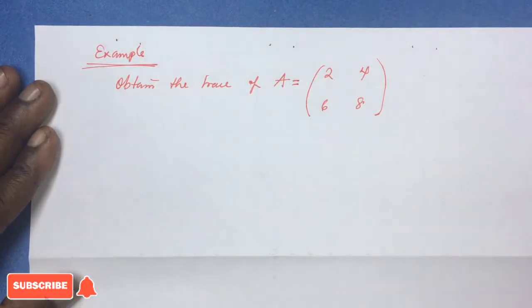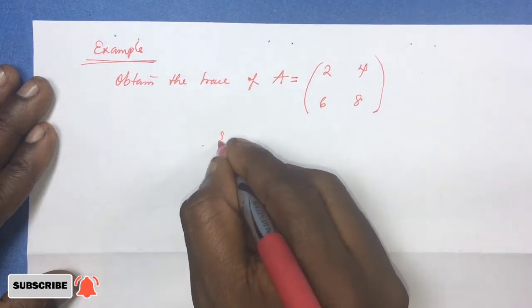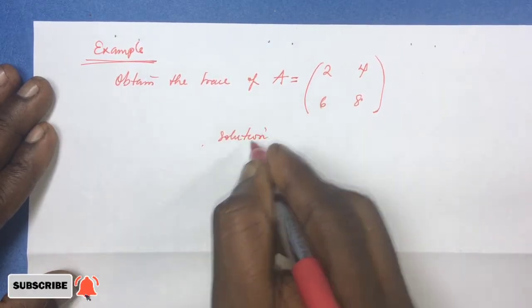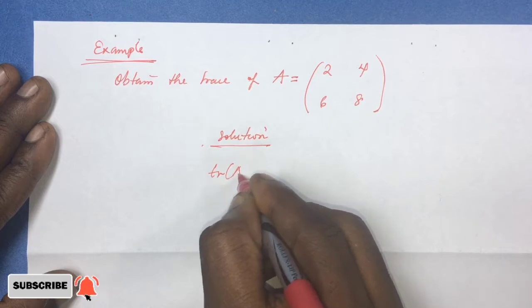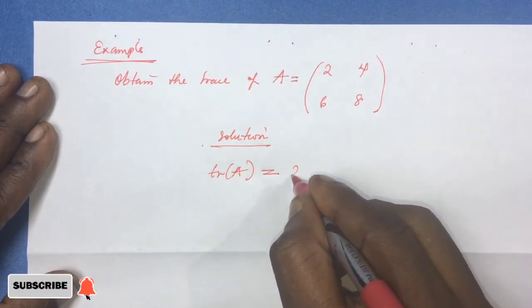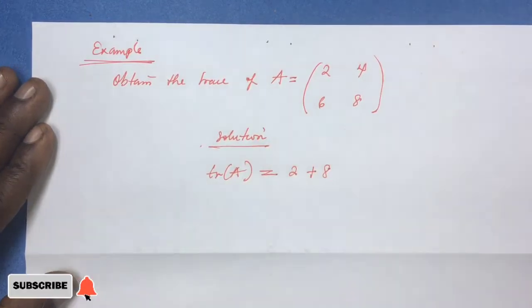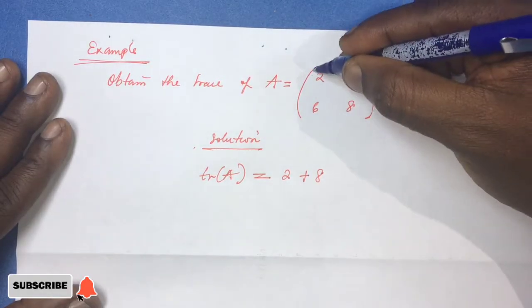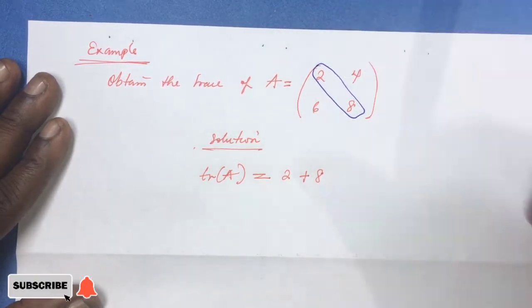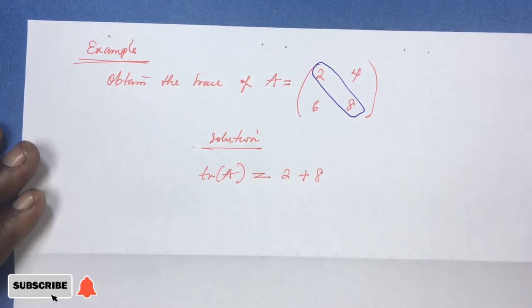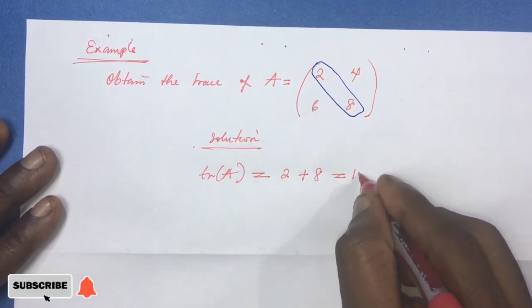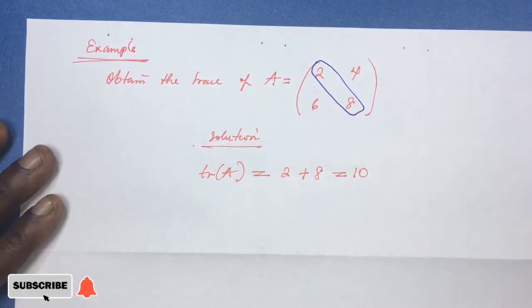The answer is simple. The solution to this problem will be trace of A equals 2 plus 8. Why are we adding 2 plus 8? It is simply because these are the elements along the principal diagonal. So this result will give us 10. So the trace of this matrix is 10.